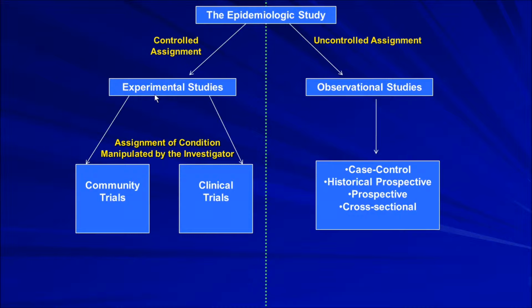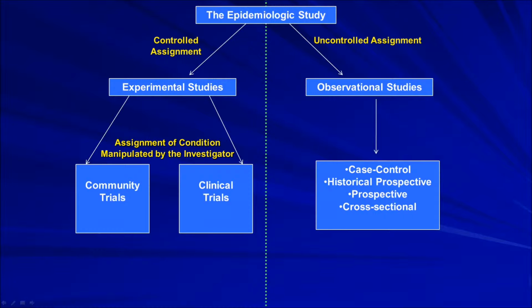That's not the case in an epidemiological or a medical study design. It is assignment of conditions manipulated by the investigator. So your answer is assignment of conditions manipulated by the investigator. That's the definition of an experimental study.